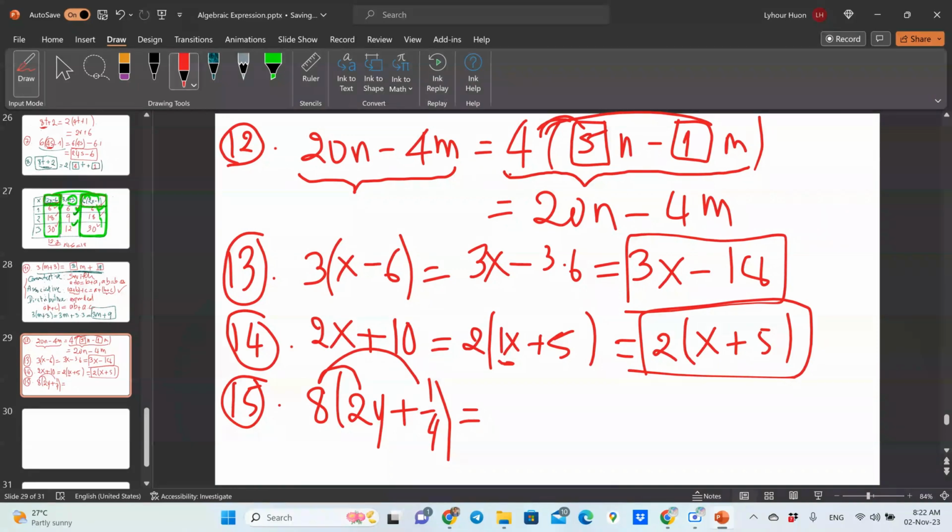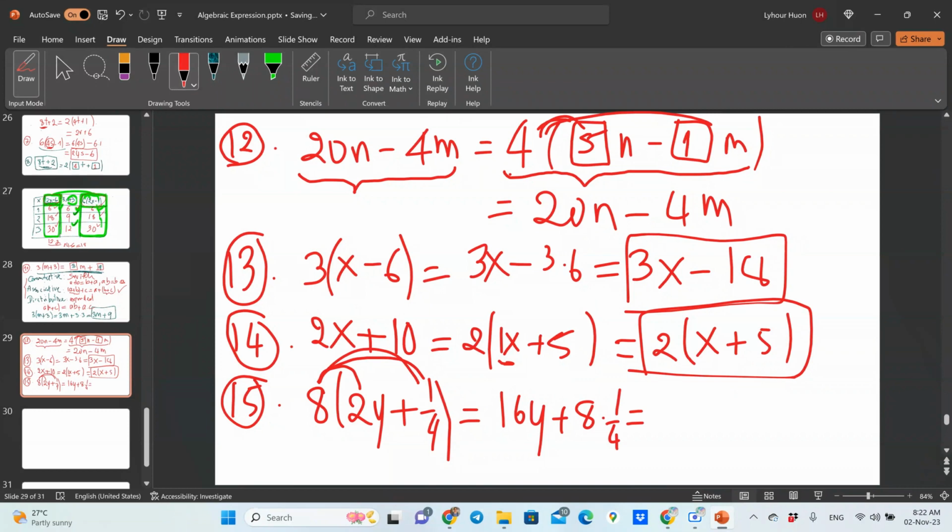So 8 times 2y is 16y, and then we have to distribute: we also have to multiply 8 and 1/4. 8 times 1/4, right? Hold on, 8 times 1/4.